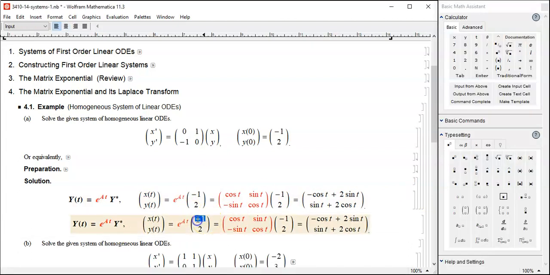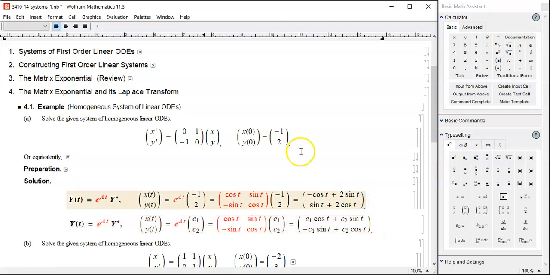If this is C1, C2, and if this is C1, C2, and voila, I have the general solution.